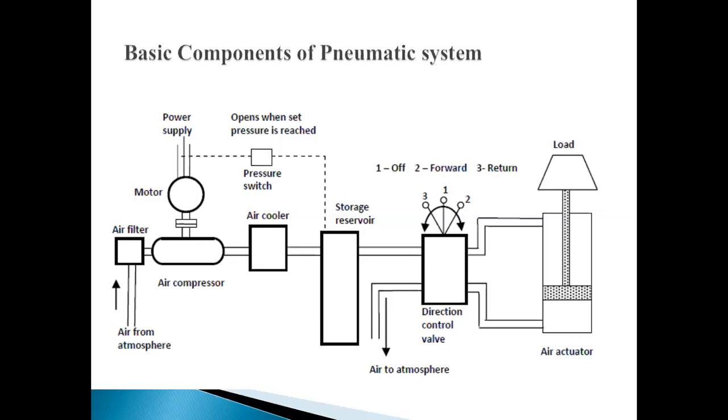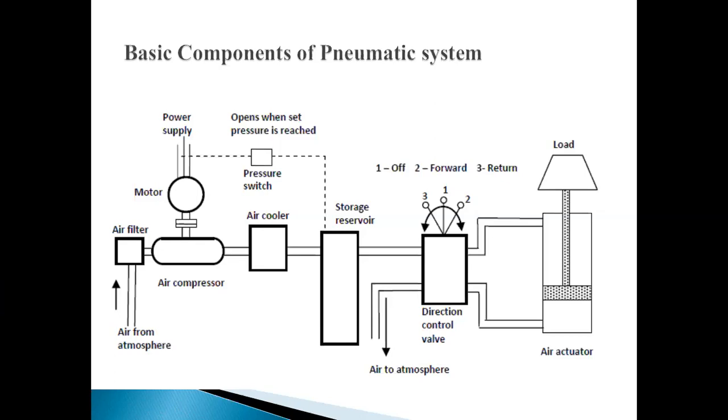The actuator converts the pneumatic power, or fluid power, into mechanical power for performing some useful work. There is one compressor, which is connected with the motor. The compressor is used to compress the fresh air taken from the atmosphere through the filter.